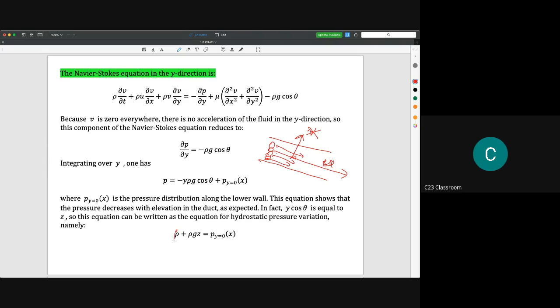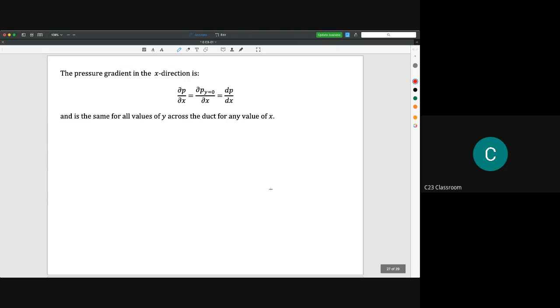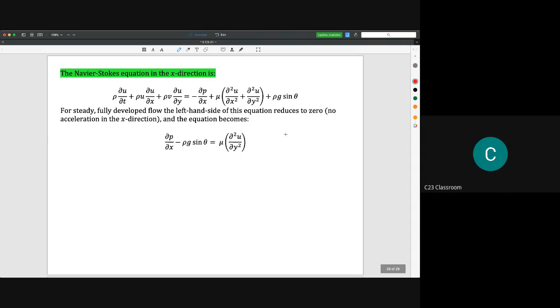This is p, the pressure. The pressure is p plus rho g h. Then you get the pressure at a value of x. And then you could rewrite something like this. So this is just for the equation. Okay, that's for the y.